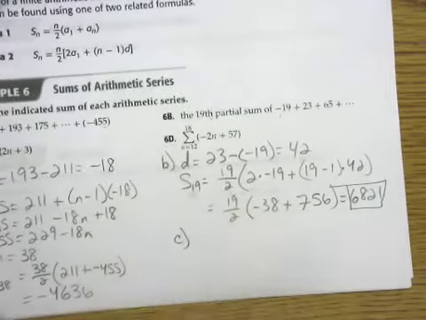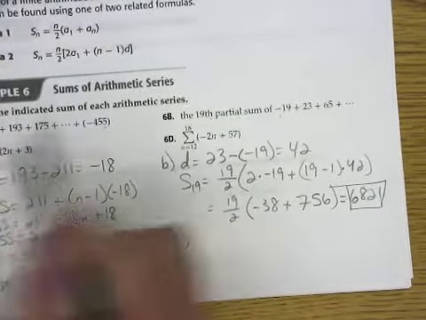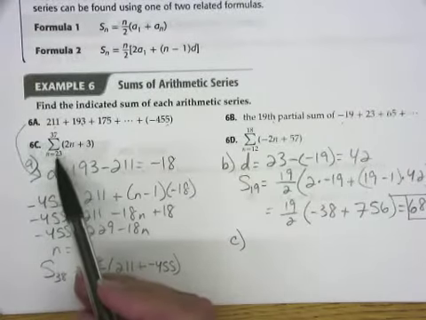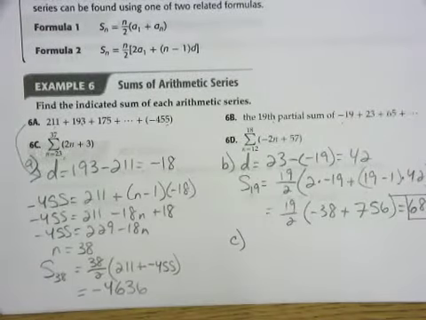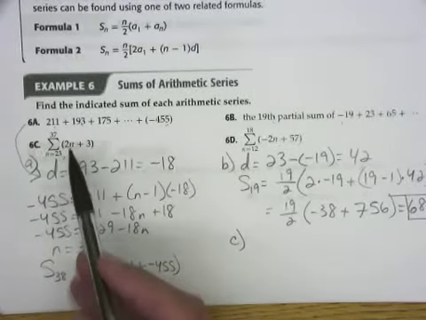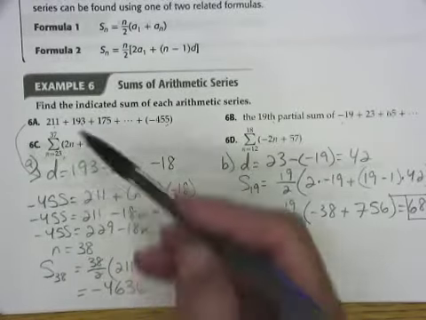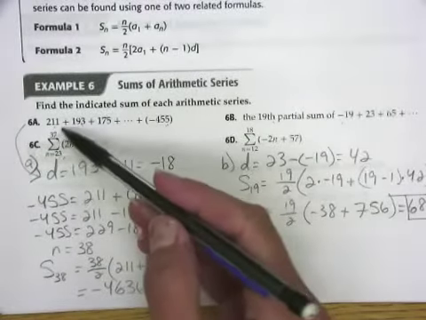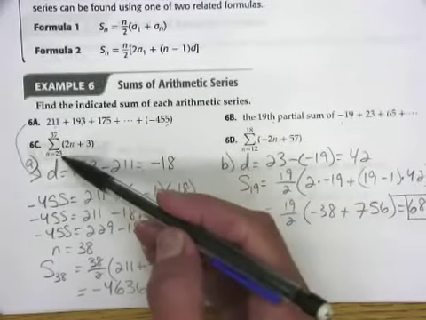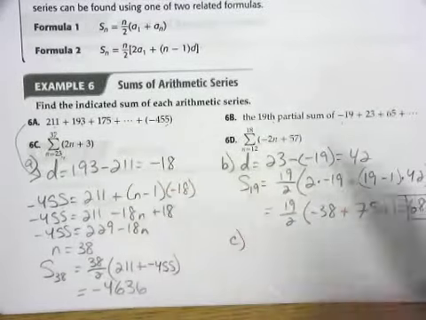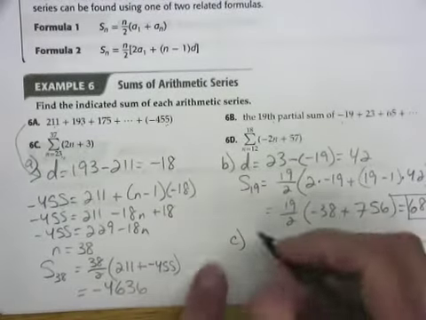Part C, I'm using this sigma notation, so I know what my first term is, or I can use the 23 for n and figure out what my first term is, figure out what my last term is, and I can subtract these values plus 1 in order to find out how many terms are in my summation.